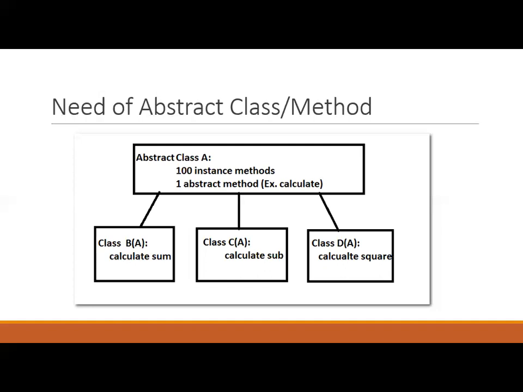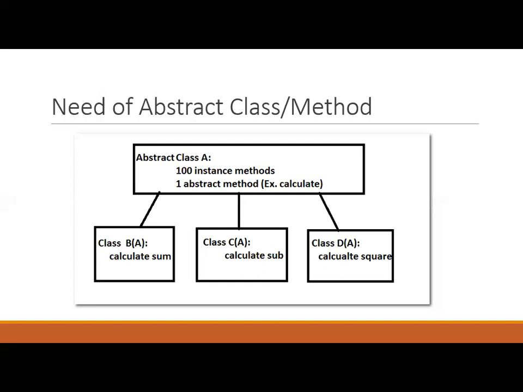In that case, you would be adding 50 methods in class A if it is not abstract. Then whenever you inherit from class A, you unnecessarily have to include 49 extra methods in class B, because you have included 50 methods in class A considering 50 subclasses. That is not required and it is not efficient for performance either.